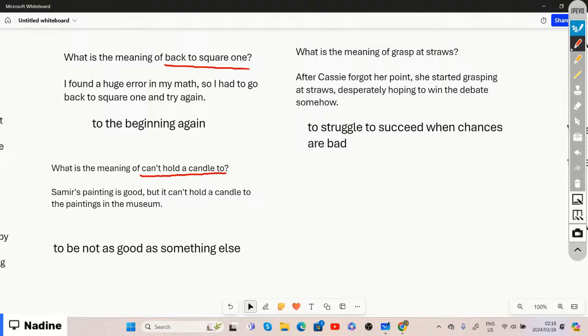So what is the meaning of can't hold a candle to? It says Samir's painting is good, but it can't hold a candle to the paintings in the museum.